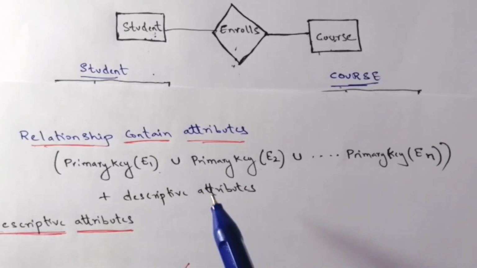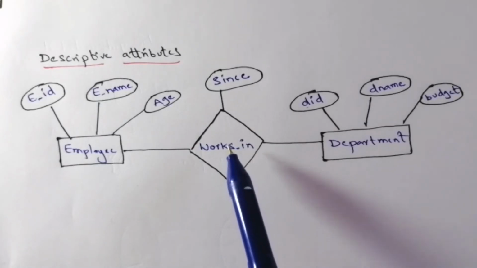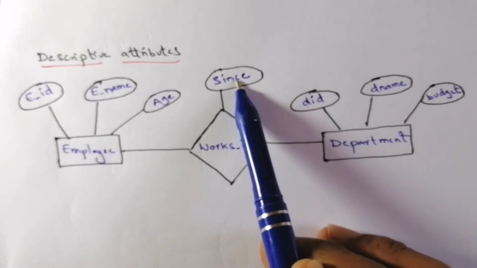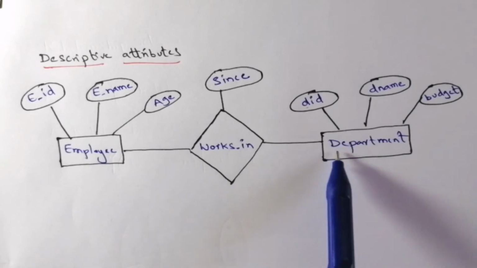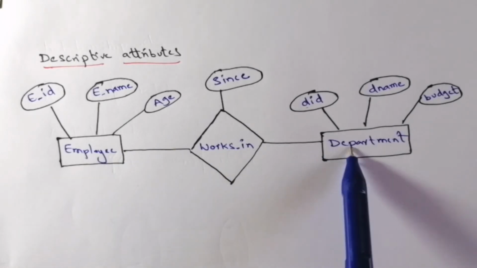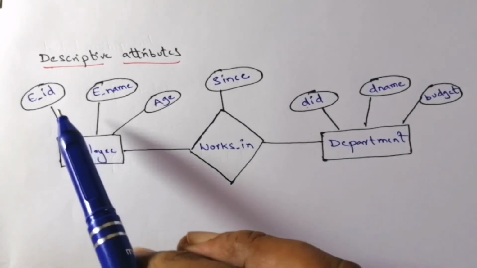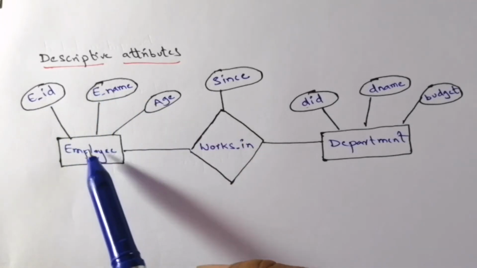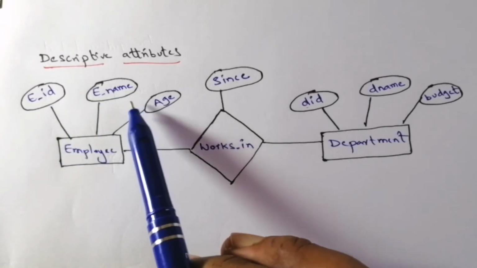So let us understand what we mean by descriptive attributes. Descriptive attributes are the attributes of a relation. See here we have two entities, employee and department. Employee has employee ID, employee name and age, so employee has three attributes which are part of this entity.